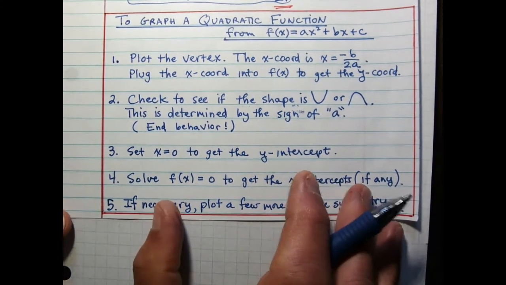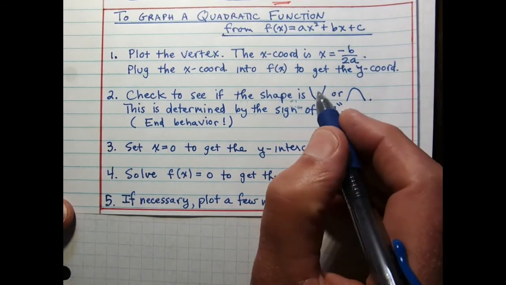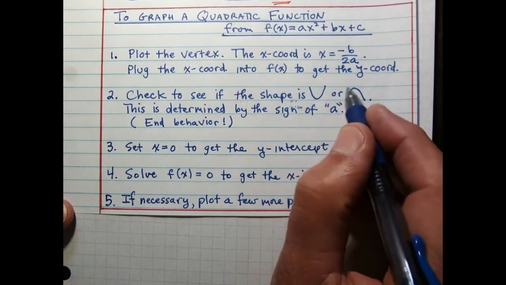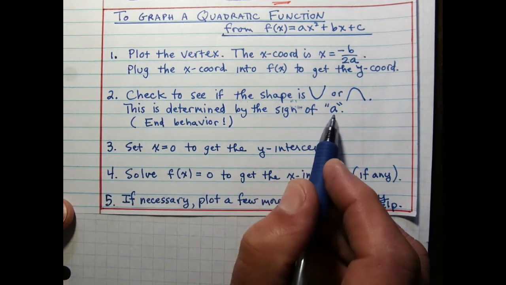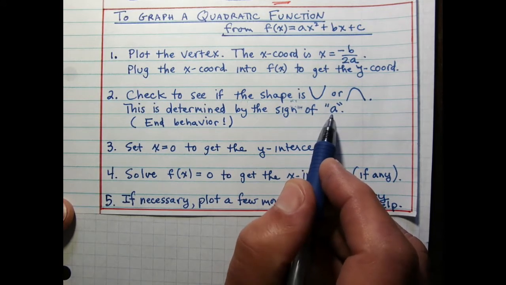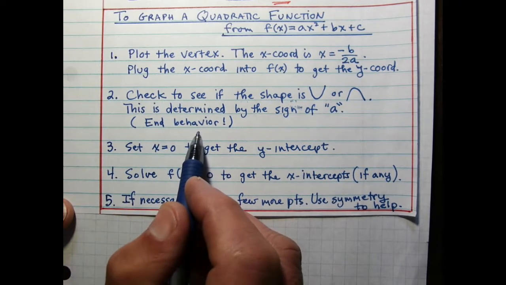That's step 1. Step 2, you need to think about whether the shape of the graph is going to be U-shaped or an overturned U. This is determined by the sign of the a coefficient. In fact, this is totally all about end behavior, and we talked about end behavior with general polynomial functions.